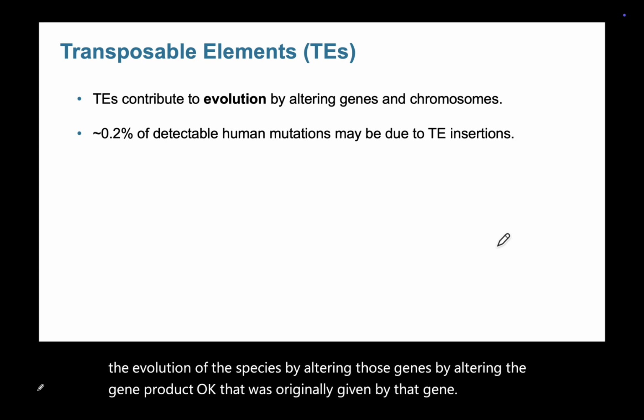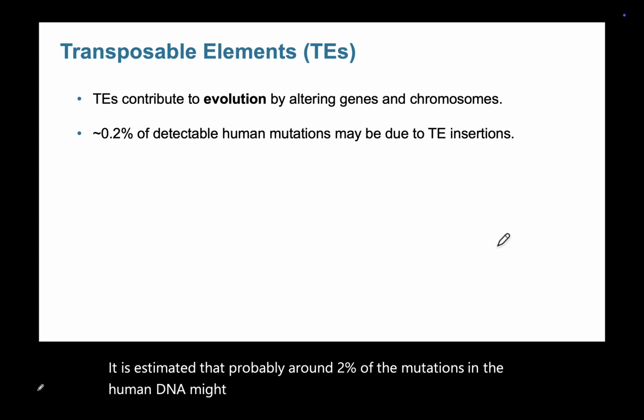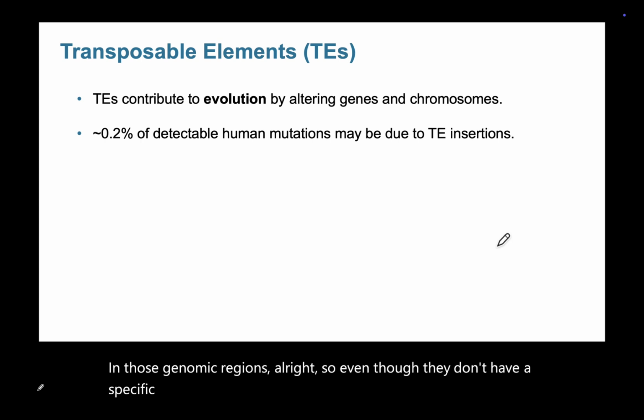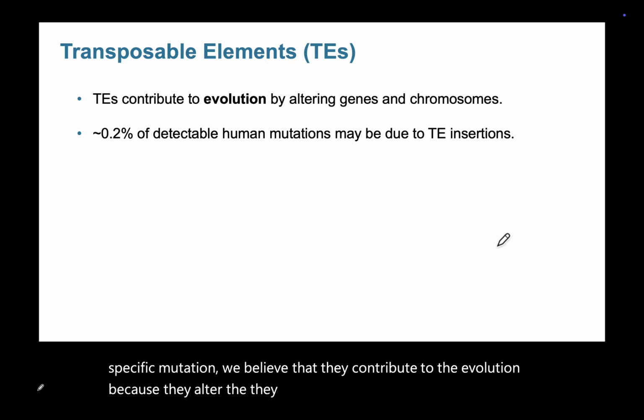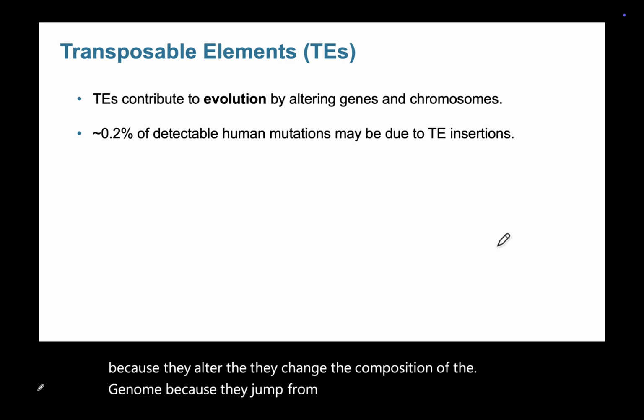It is estimated that probably around 0.2% of the mutations in the human DNA might be due to the insertion of these transposable elements in those genomic regions. All right. So even though they don't have a specific mutation, we believe that they contribute to evolution because they change the composition of the genome because they jump from one site to the other.